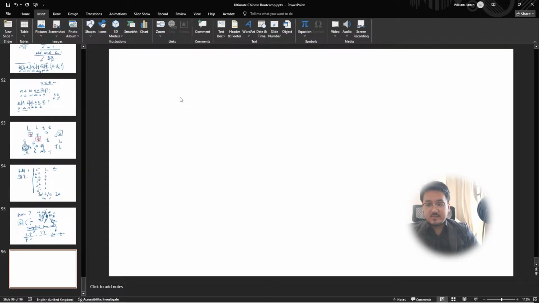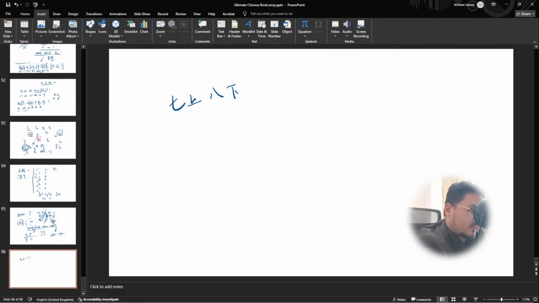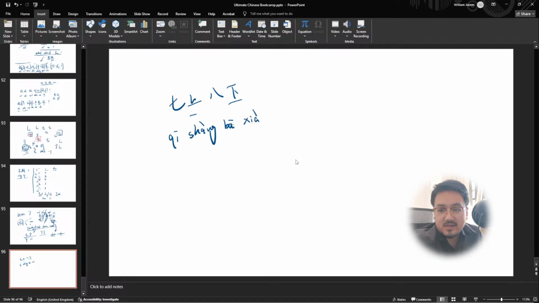We use tons of 七, for example, 与形容一个人的心啊，七上八下, that means the heart is like up and down, 7's up and 8 down.